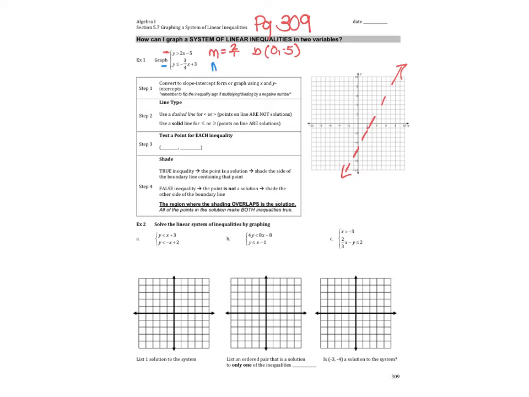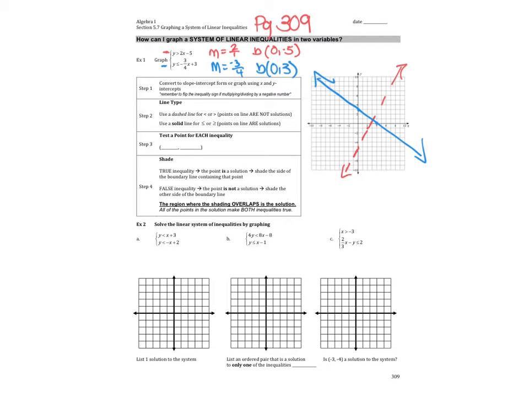Now our next equation, again, I'm just writing the slope and the y-intercept just as reminders. And then this one is an equal to, so it's going to be a solid line.